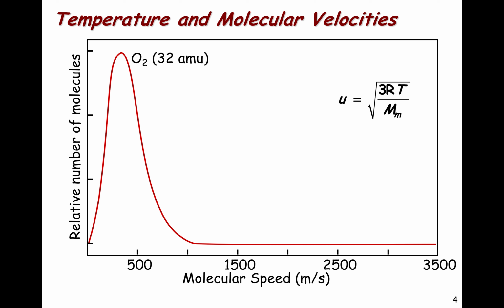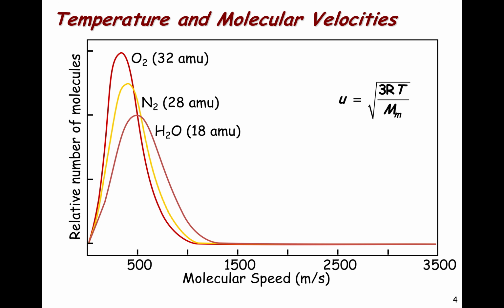Shown here is a plot of the distribution at a particular temperature for the molecule O2, and its molar mass is 32 AMUs. If we compare that to nitrogen, the distribution moves to slightly higher average speed because the molar mass is lower.